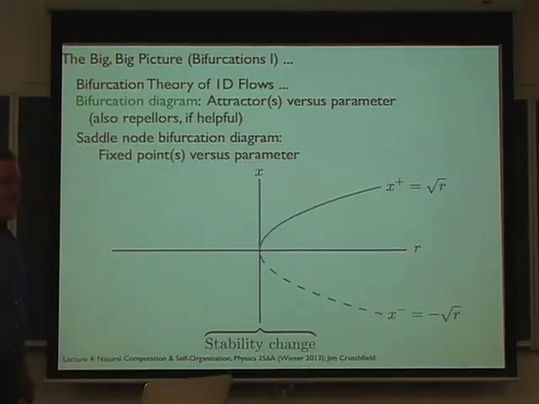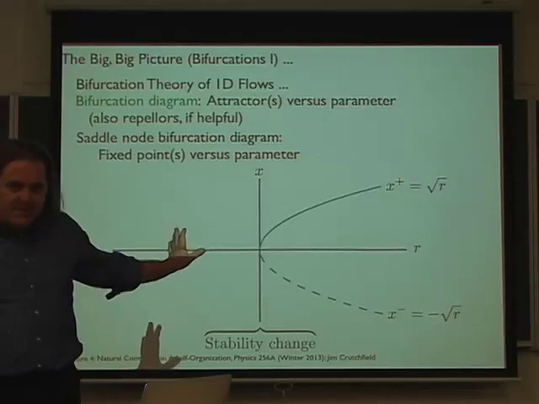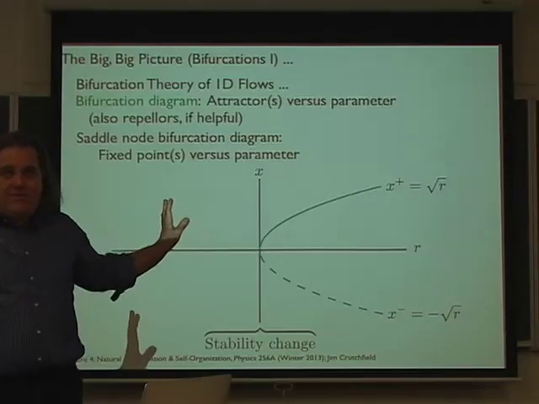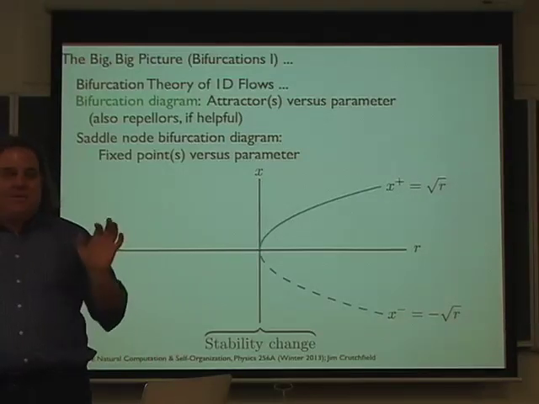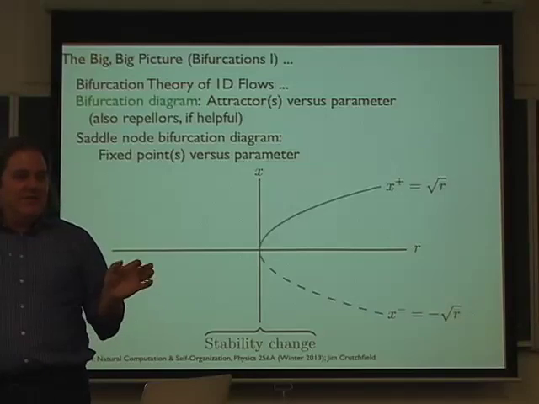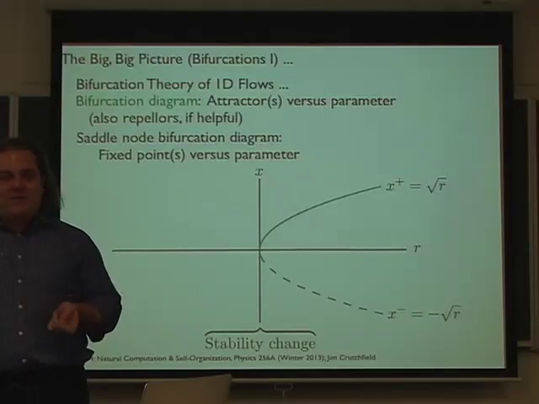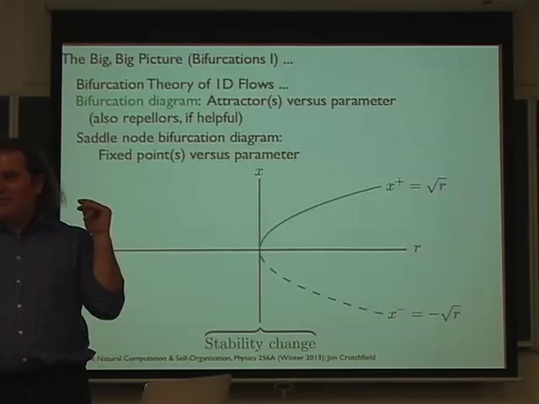So one interesting thing about this class of bifurcations is that we can think about the fixed points and their stability as if these are charged particles. And when you go through one of these bifurcations, charge is conserved. Now, this is just a little bit of a helpful fiction, right? So when r is negative, what's the charge? It was 0.